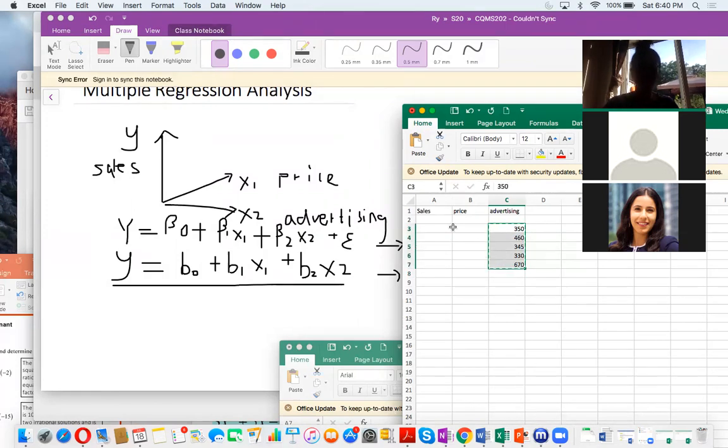Those are my sales data, okay? And based on sales data, I also have a price. I just randomly created some numbers, okay?